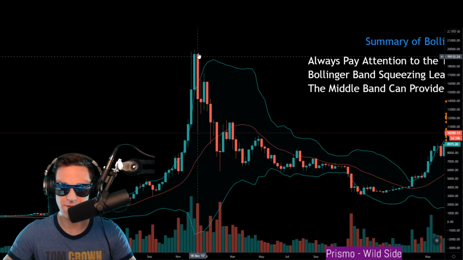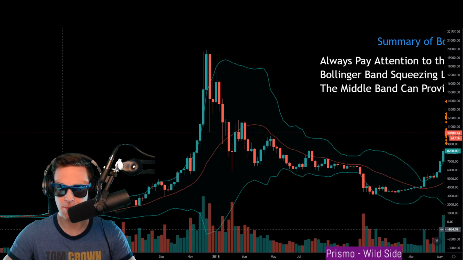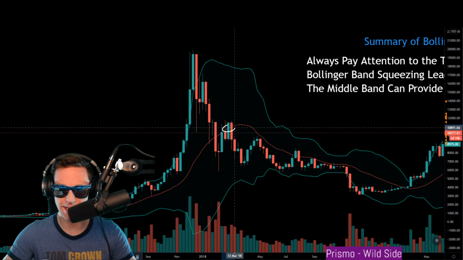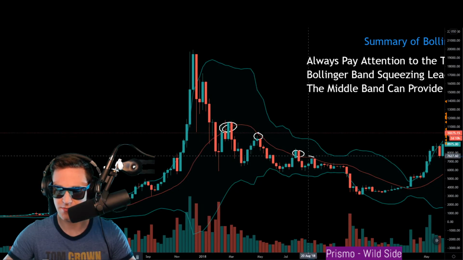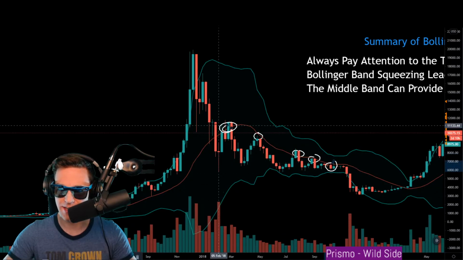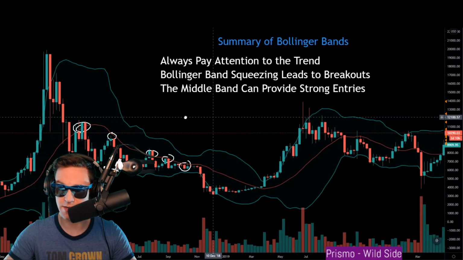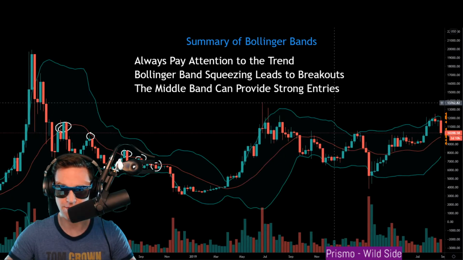This is not something I would usually recommend to use in trading. But as soon as we saw the weekly middle band act as resistance, we see that 1, 2, 3, 4, 5. It becomes very consistent. It's very trend following. So I recommend everyone take a look at Bollinger Bands if you haven't yet, and see if they can help you improve your trading.